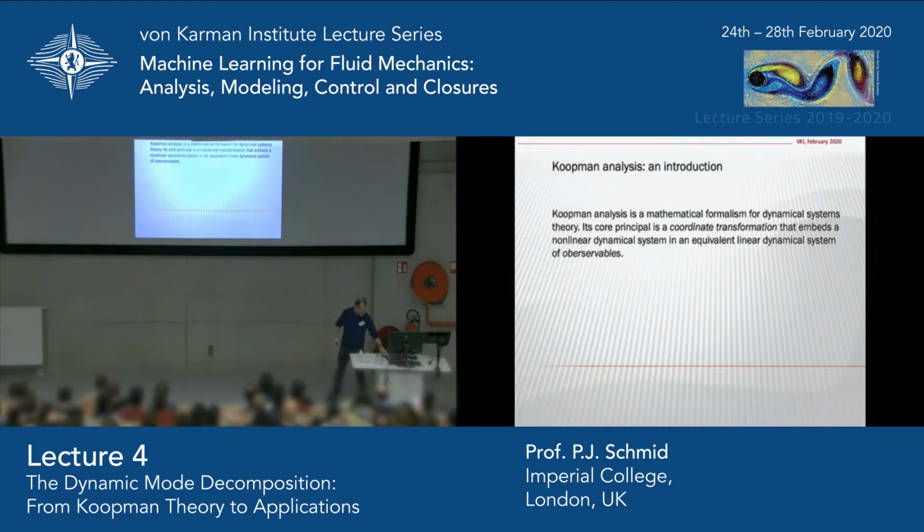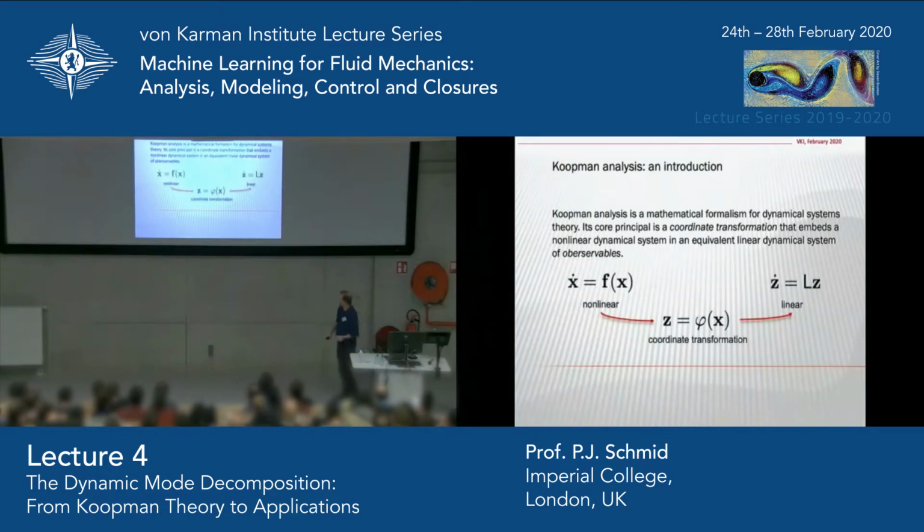So if you want to write that down with a little bit more mathematics, we have x dot is equal to f(x), that's the nonlinear dynamical system, and then some magical transformation z with new coordinates phi of x gives us a linear dynamical system, z dot is equal to L times z. Of course, then we have to figure out what that coordinate transformation is and what it is actually turning our nonlinear dynamical system into. So the operator L has to be recovered just as well.